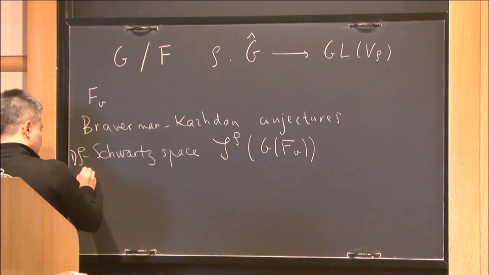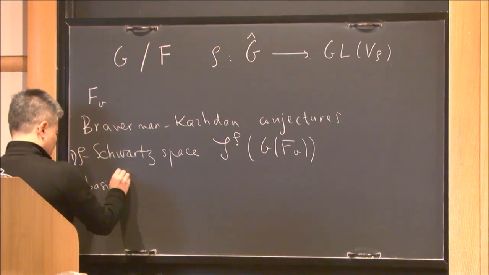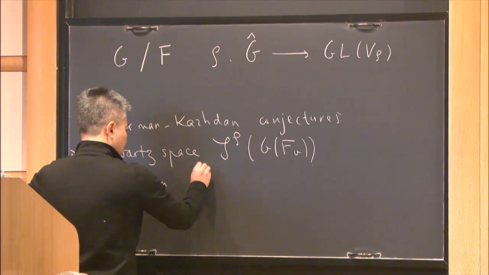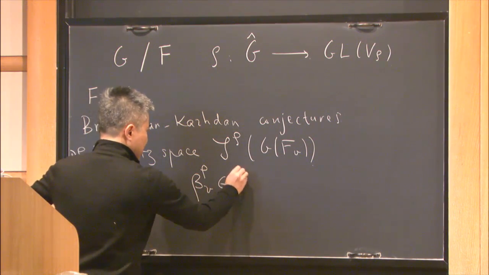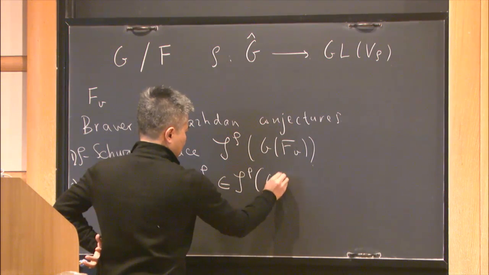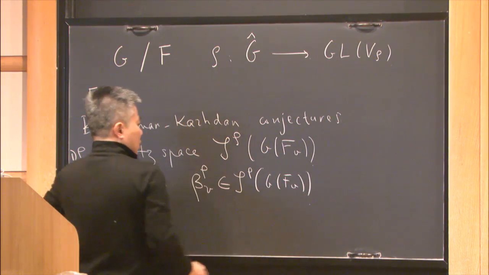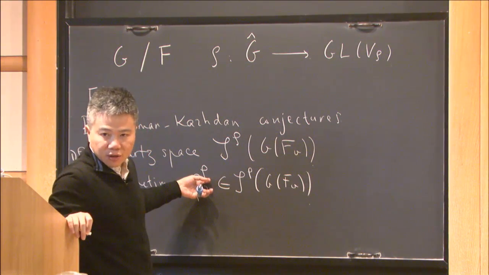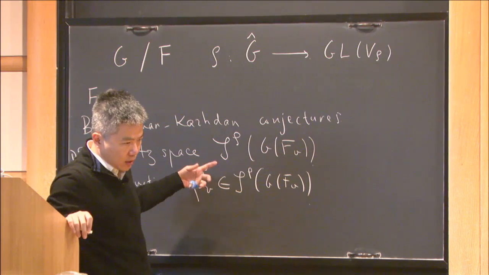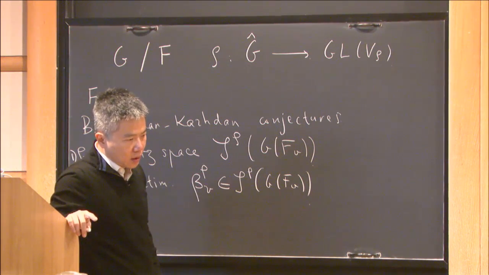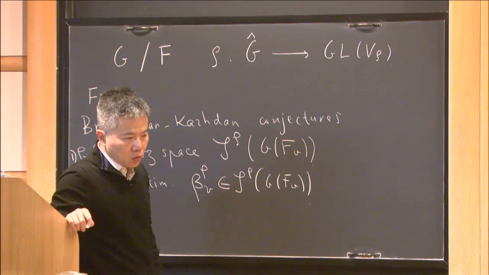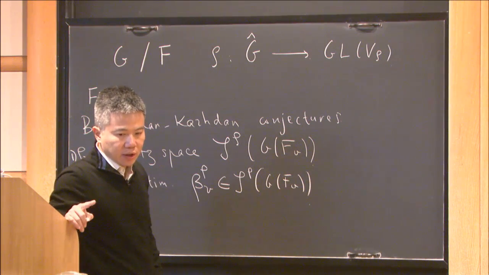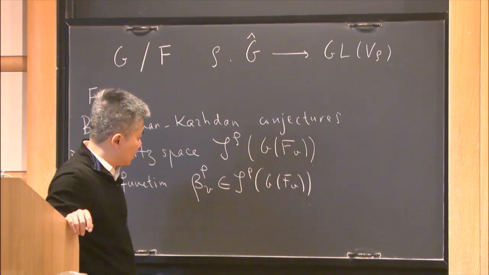The second ingredient is the basic function. It's not exactly in the Braverman-Kazhdan conjecture, but that's the way I try to reformulate things. So we have the basic function beta_rho of V inside this space. In the standard case, this is just the characteristic function of integral matrices, right? And it has the property that the trace on an irreducible representation pi is the L factor at some special point s_0, if the representation is unramified, and zero otherwise.